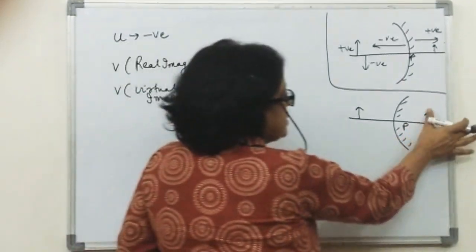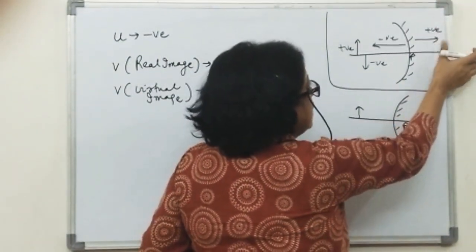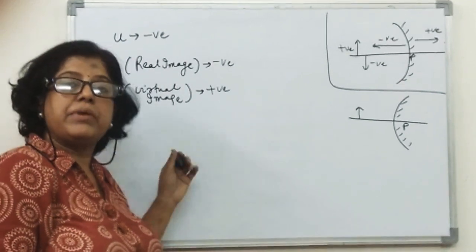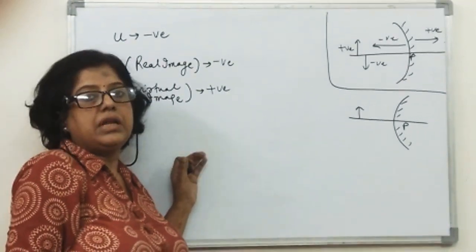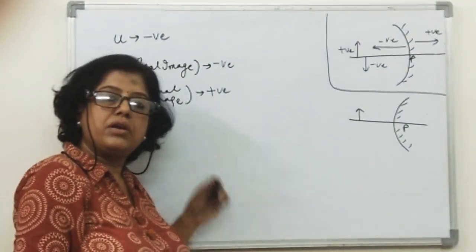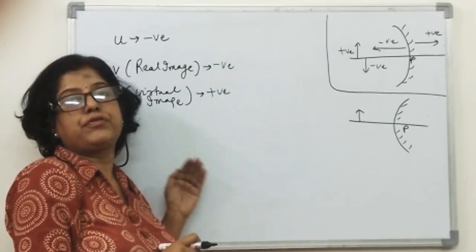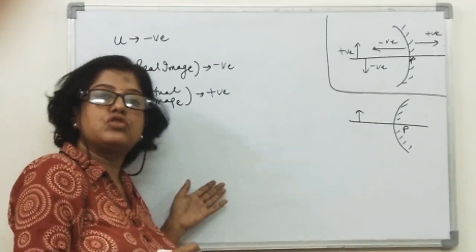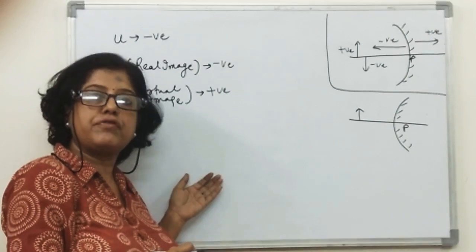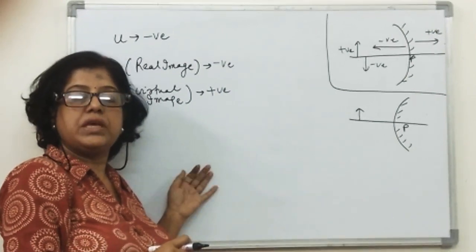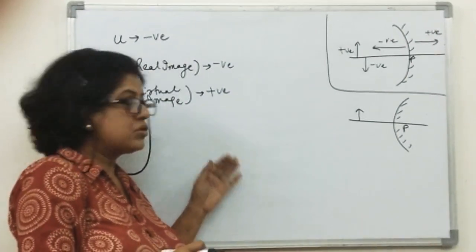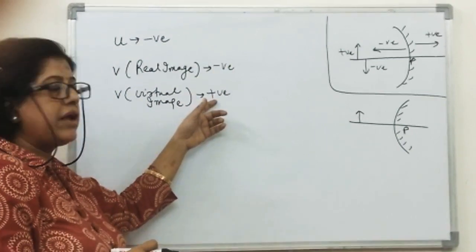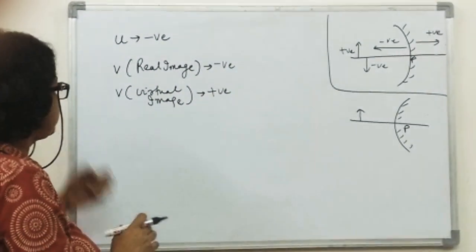So in the question, if it says that a real image is formed by a concave mirror at 15 centimeter from the mirror, then v will be minus 15. If it is said a virtual image is formed in a mirror at a distance of 15 centimeter, that means v is plus 15. So v is negative for real and positive for a virtual image.